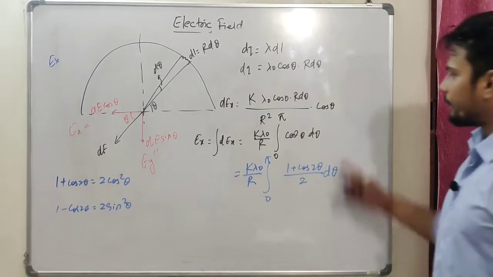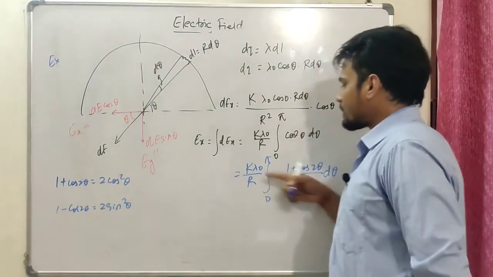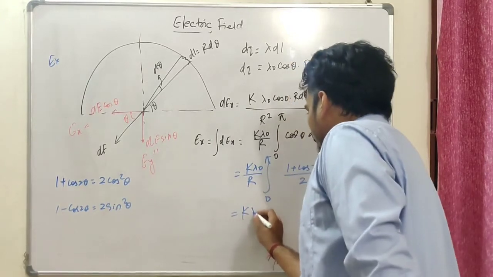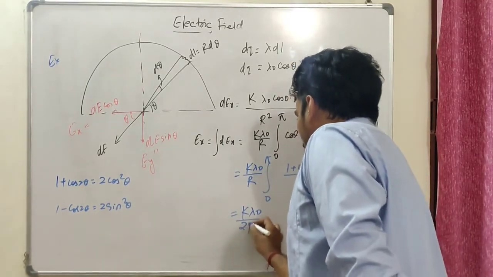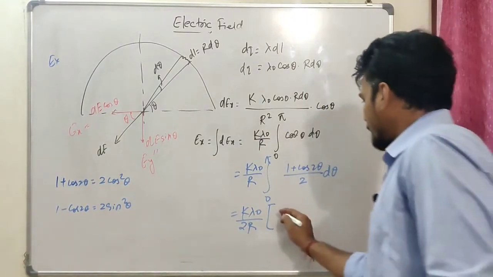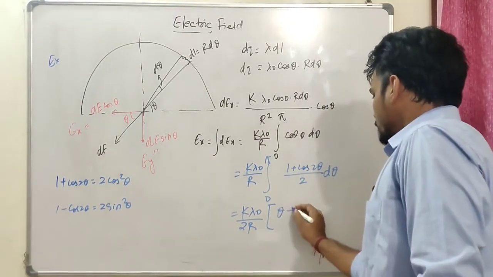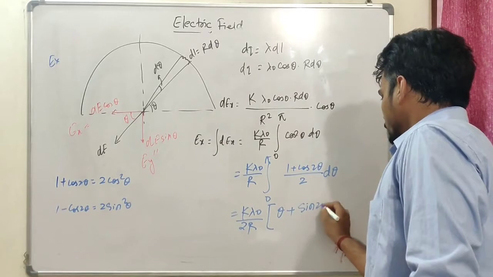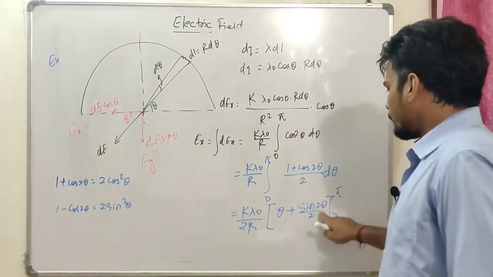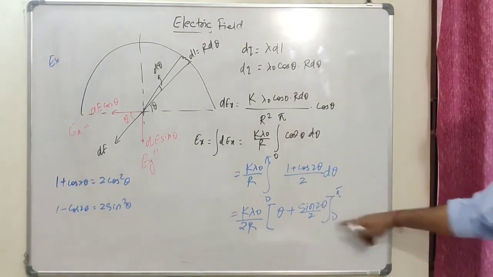For Ex, it was only till here. Now the rest is mathematics. I just need to integrate this. So I'm going to have k lambda naught by 2r, integration of 1 should be how much? Theta. Now cos 2 theta should be how much? Sine of 2 theta over 2, limit 0 to pi. This part is going to be 0 because pi is coming, 0 is coming.